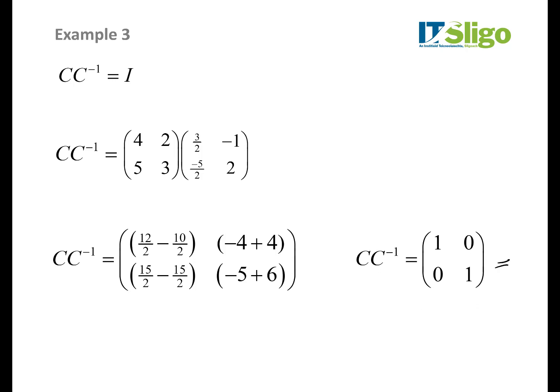And that is the identity matrix. All ones on the main diagonal and zeros everywhere else, and it's a square matrix. Now we look at pre-multiplying C by the inverse. So there are two different processes, but we end up with the same result.